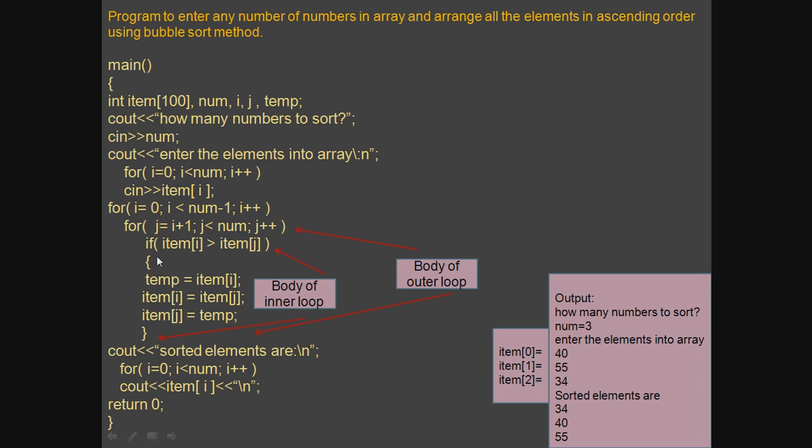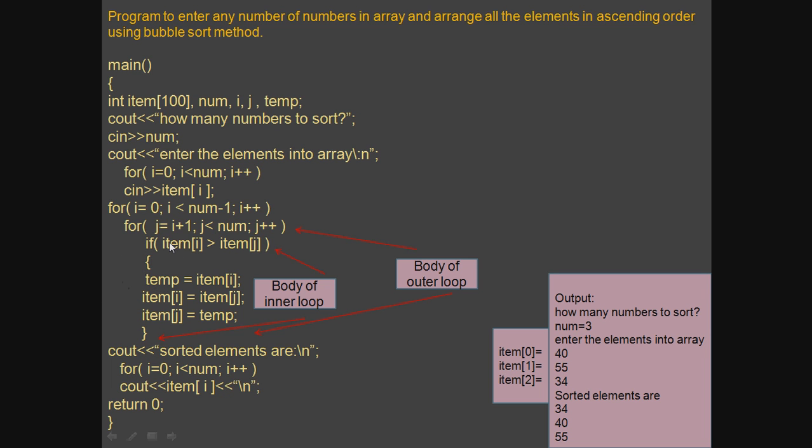Again, inside the body of the inner for loop, an if block is executed. The if test expression will be executed only once, but based on this condition, the body of this if block will be executed.